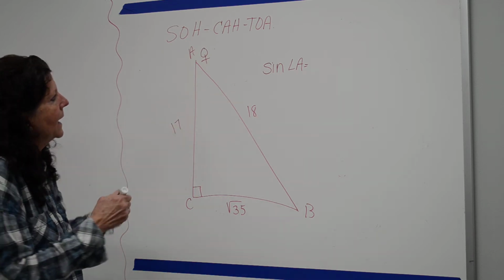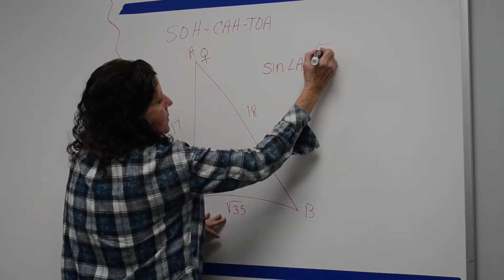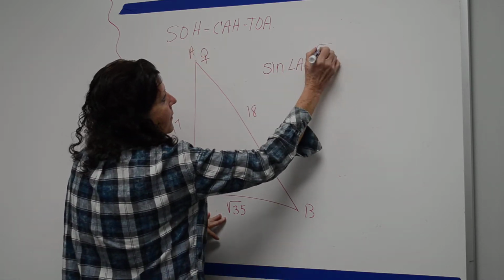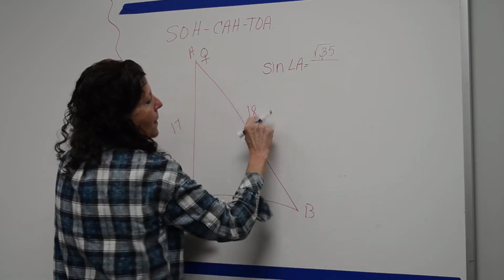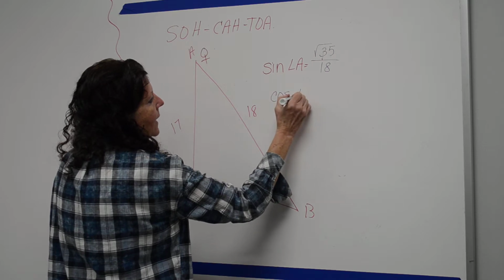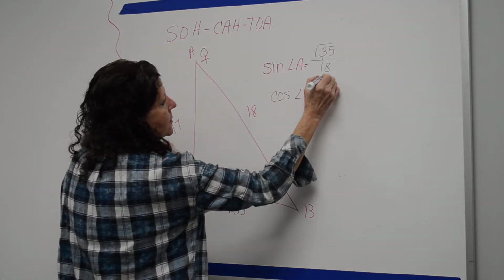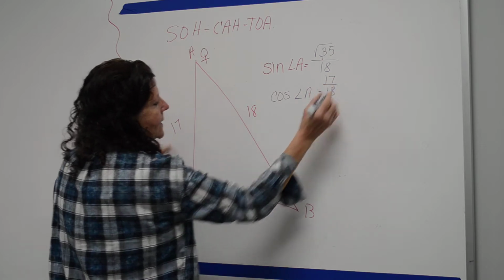The sine of angle A, remember you're standing here, is opposite, the square root of 35, over the hypotenuse, which is 18. The cosine of angle A is adjacent over hypotenuse, or 17 over 18.